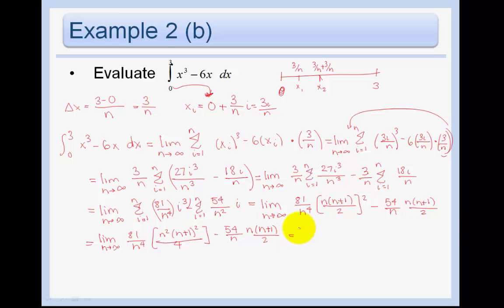Okay, so what do we have? 81 over 4. I'm going to just put all the n stuff together. And then, let's see, I have n squared, n plus 1. So just rearranging, so that I can simplify.